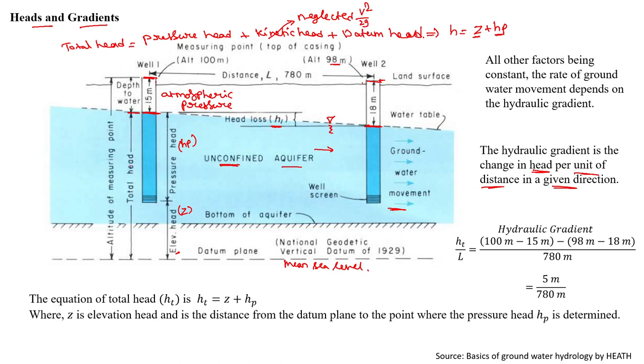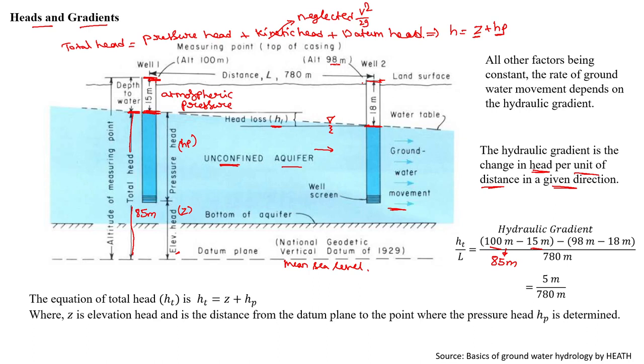In this case also, we need to take the datum plane as a reference and calculate the total head from there. So the altitude of well one is 100 meters. 100 meters minus 15 will be 85 meters. So from here to here it will be 85 meters.